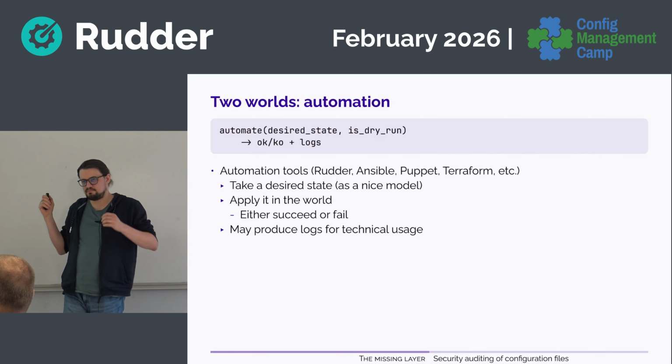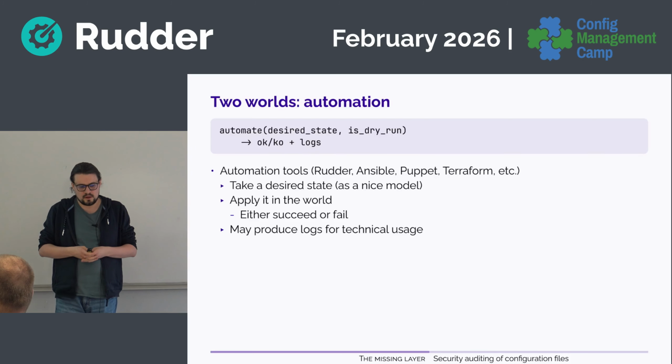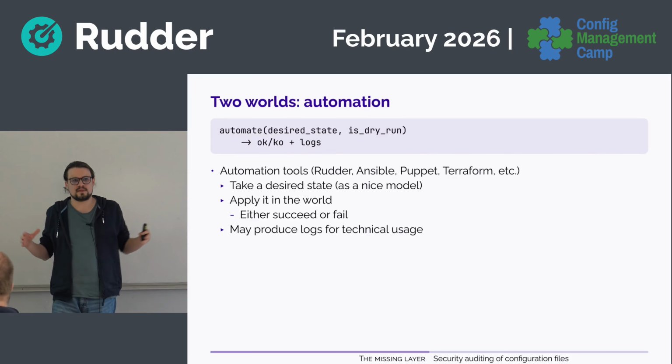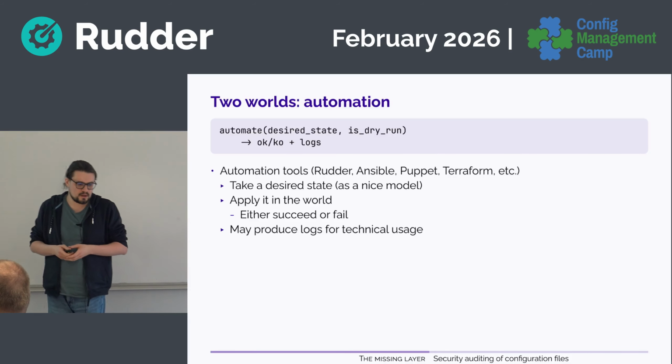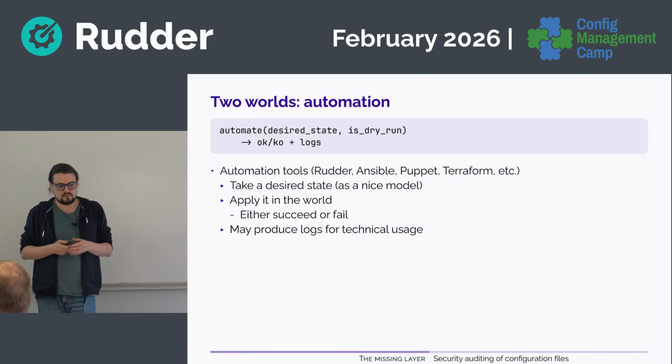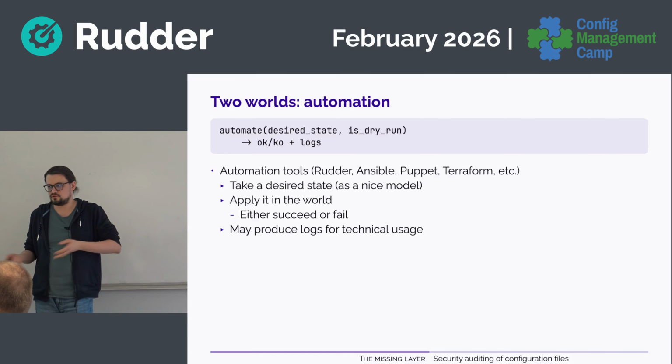Whereas in the security audit world, if we have a look at the software used there, we mostly start from a set of acceptable states for the systems. So this is not a precise definition, but boundaries of what is acceptable or not. And then the tool will compare it to what's in the world and will provide a result, which is generally more granular, because it is always expected that some parts will not be compliant, contrary to automation configuration management, where we expect things to work.